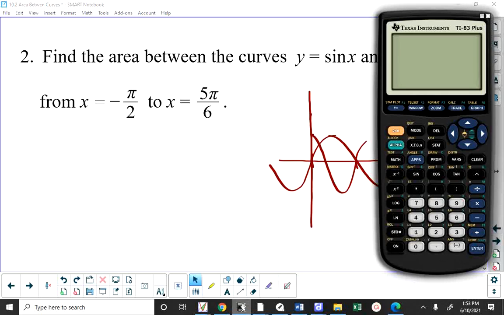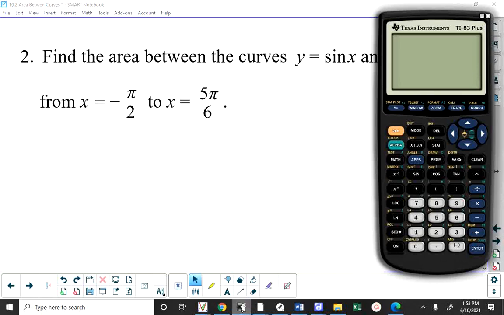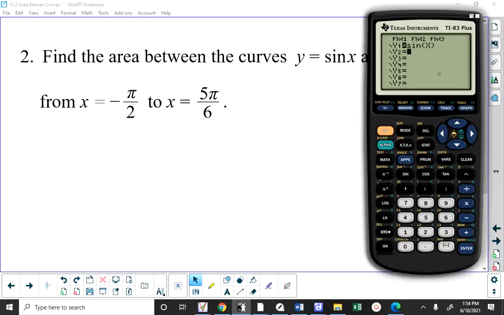So we want to know what this looks like from negative pi over 2 to 5 pi over 6. Y equals sine of x, and y equals cosine of 2x. I'm going to go zoom trig to begin with to get a visual of this. That's what it looks like.